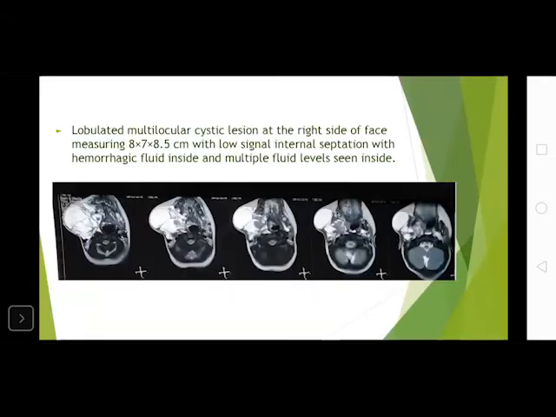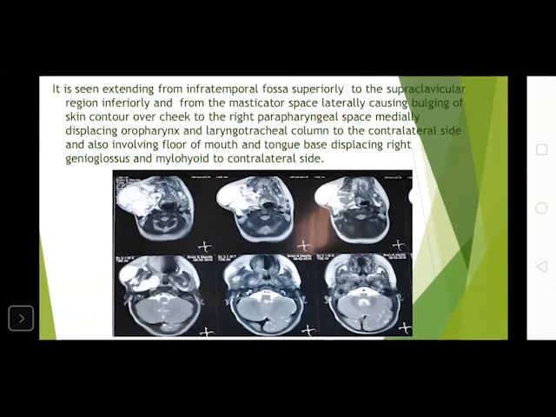Returning to our patient, we did an MRI vascular anomaly protocol. It shows a lobulated multilocular cystic lesion at the right side of the face, measuring 8 by 7 by 8.5, with low signal internal septations, hemorrhagic fluid inside, and multiple fluid levels. Its extension was huge.